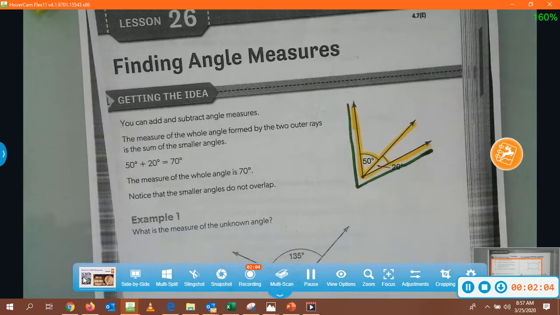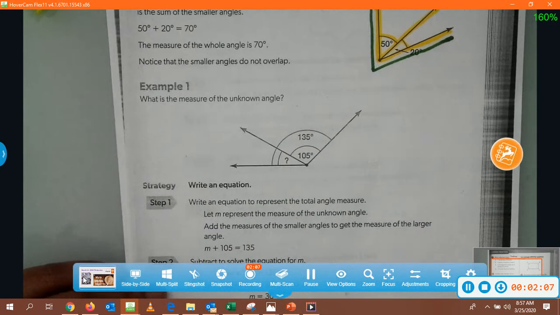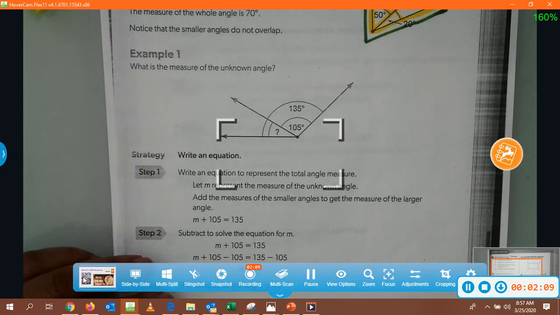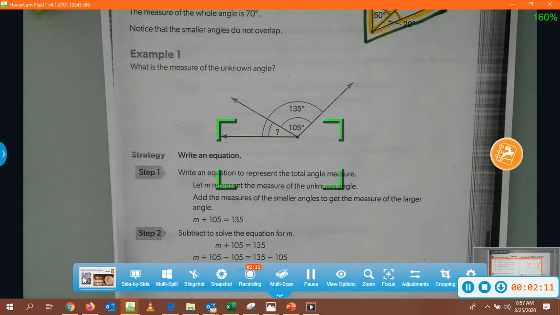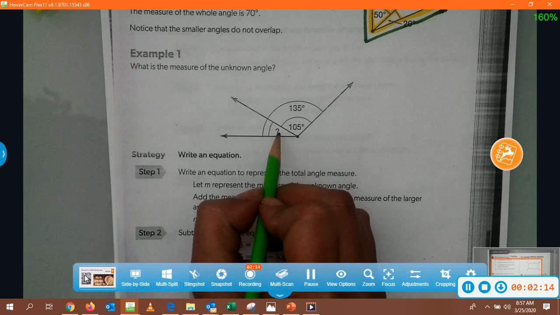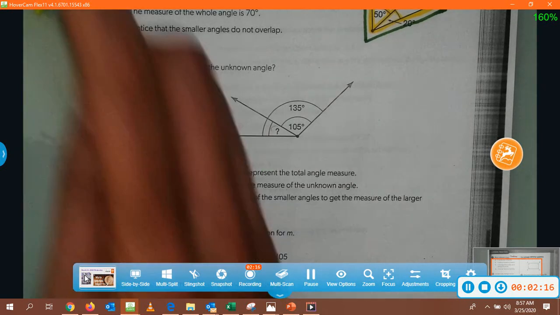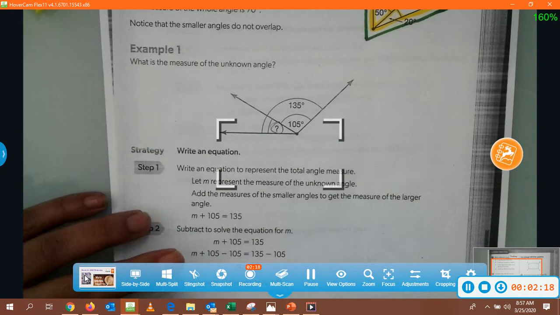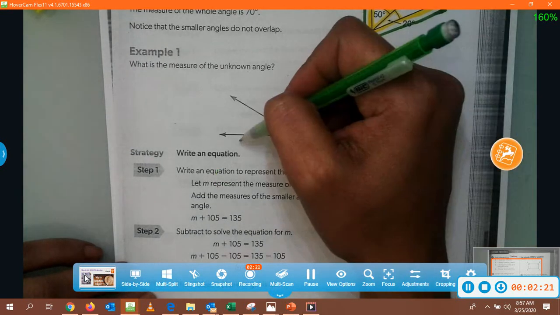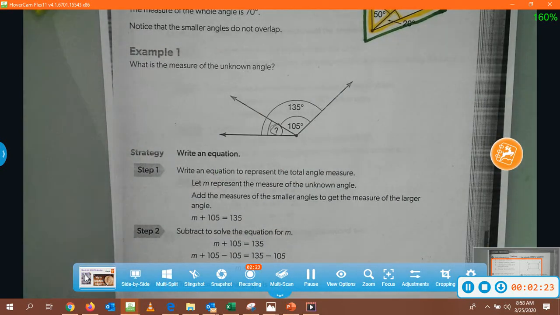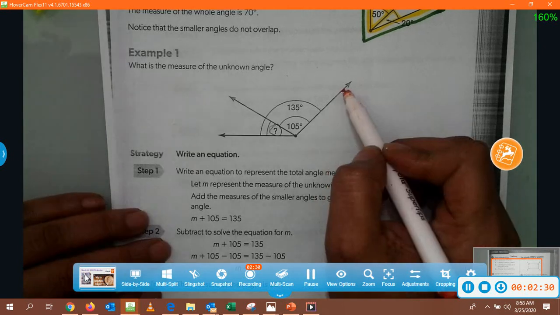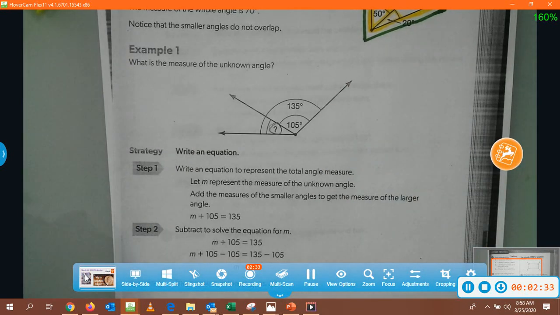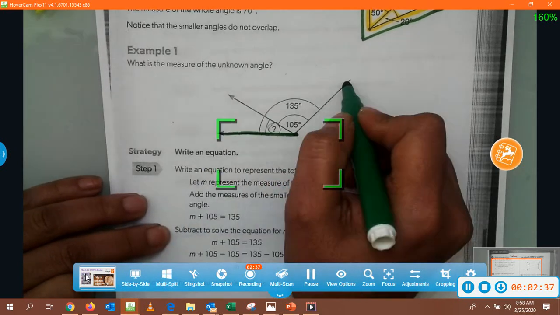Okay, so let's go ahead and move to an example. What is the measure of the unknown angle? First of all, the unknown angle is this piece right here, where it has the question mark. It's telling you that this entire angle is 135.